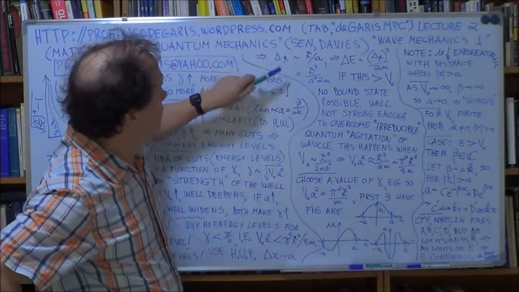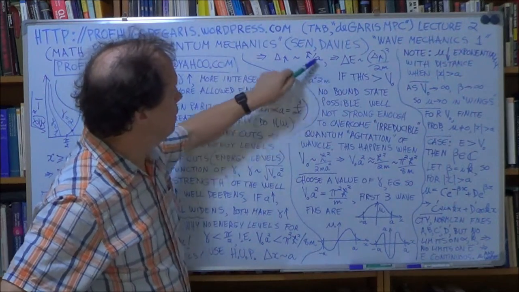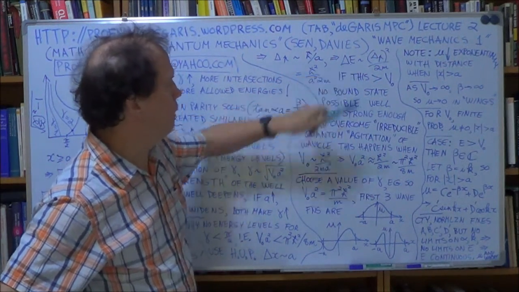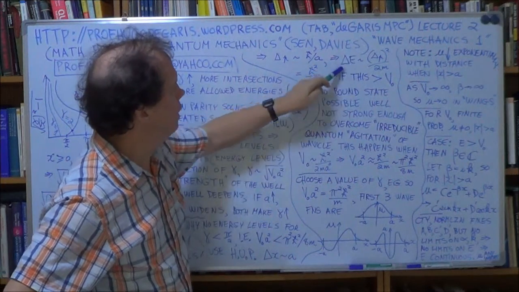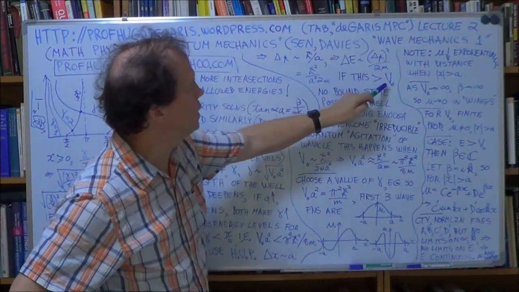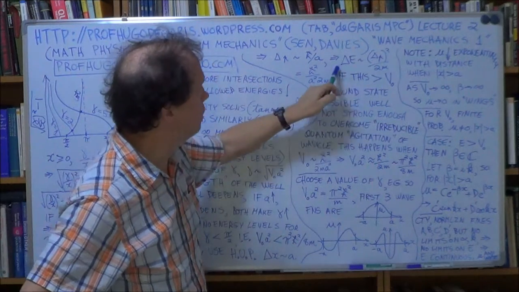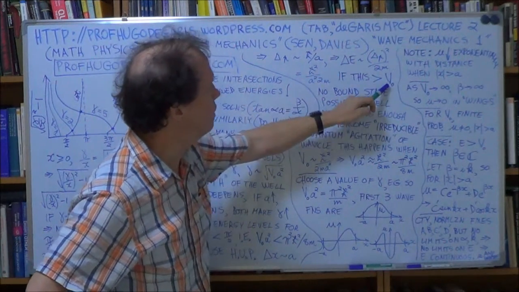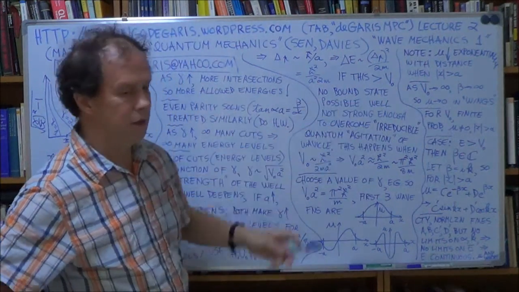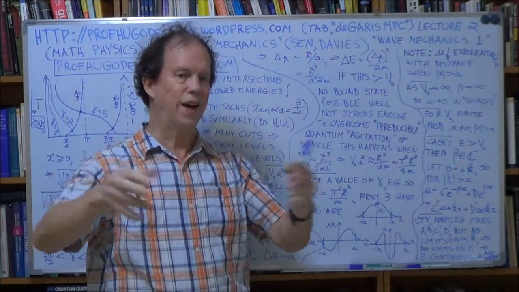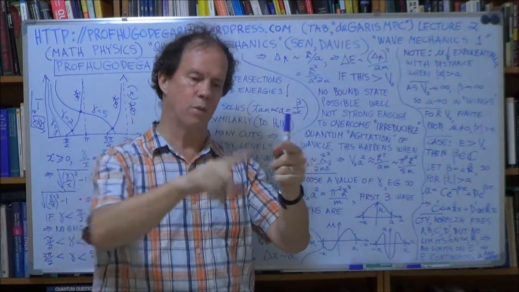Okay, now what is this? This is the uncertainty of your energy. So if this energy uncertainty is larger than the depth of your potential well, so if this here is larger than your V naught, then there's so much energy it can get out from the well, right?